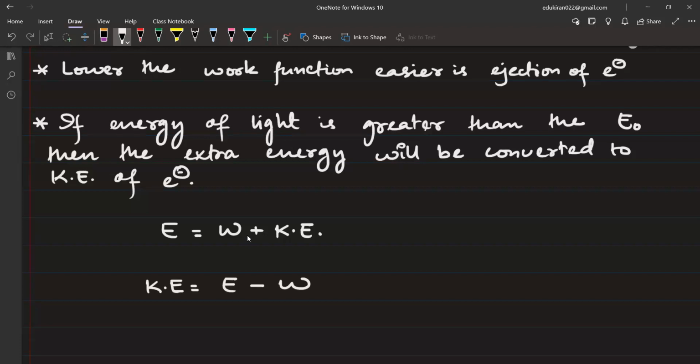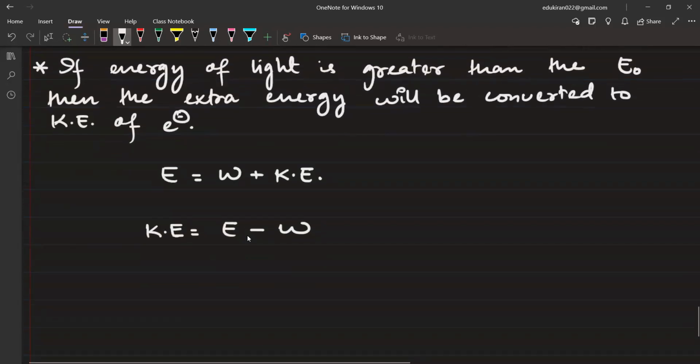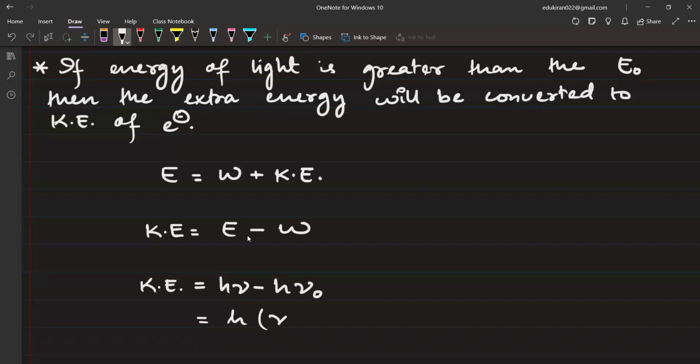E is the energy given, the light that we are striking on the metal surface, whatever frequency light. Now kinetic energy, we can further write it as E will be h into frequency of light that we are striking the surface with, minus h into nu naught. Nu naught is the frequency that is required. We can take the h common and we will get a formula nu minus nu naught.